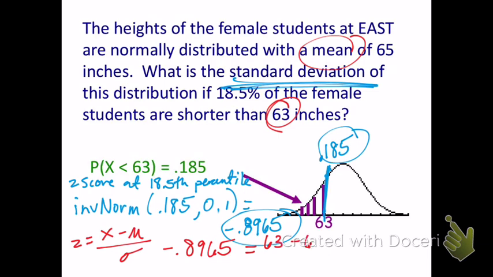I have my mean is 65, but I don't know my standard deviation. So then, using algebra, I'm going to multiply by standard deviation, divide by negative 0.8965. You should get 2 over negative 0.8965.